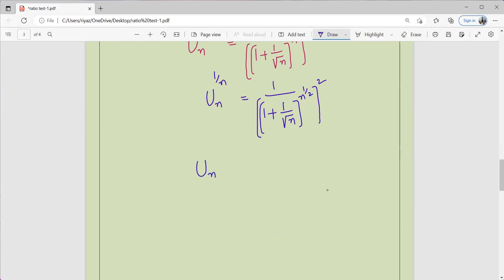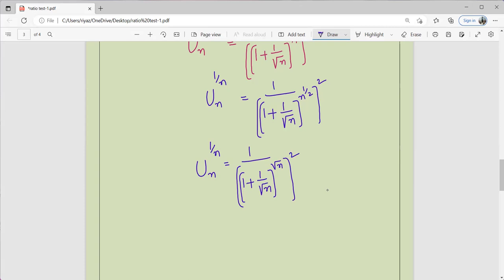Root. Very good. So the answer becomes 1 plus 1 by root n whole to the power of root n, and whole square.